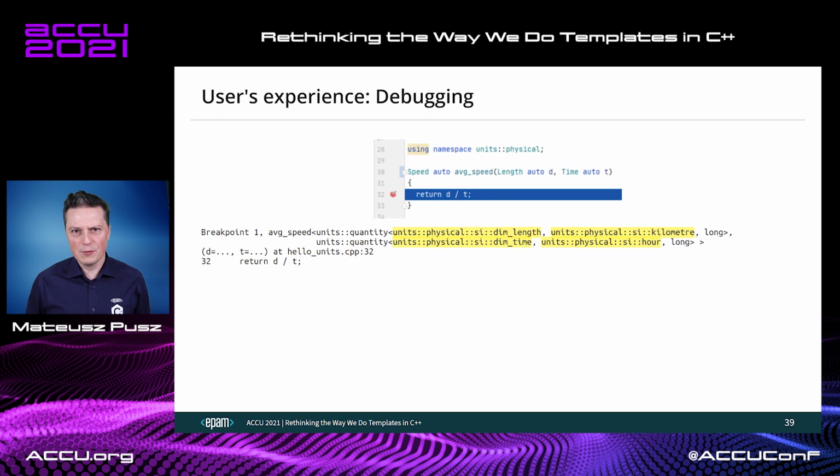So such a simple thing like providing a child class that is basically derived from the template instantiation makes a huge difference for the user experience. This is nothing new. This is something that was in the language forever. But we tend to prefer aliases rather than strong types, which I basically think are not as good in those use cases. They are great for developers, but not for users. And we should think about our users when developing our libraries.